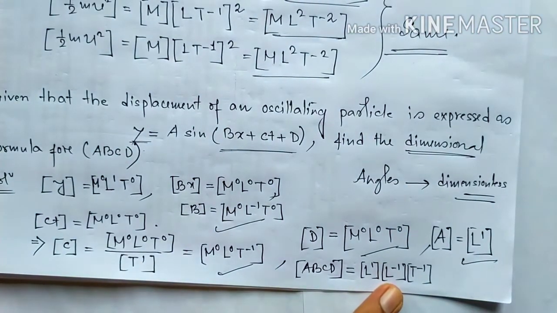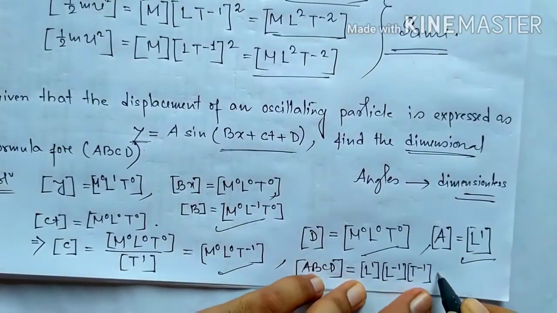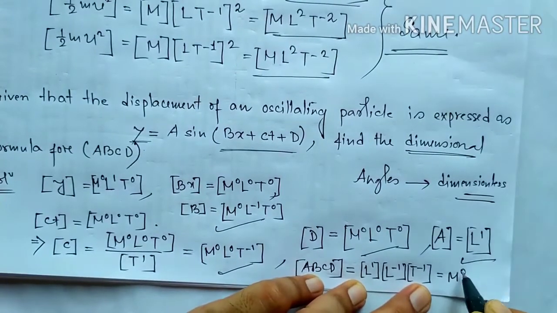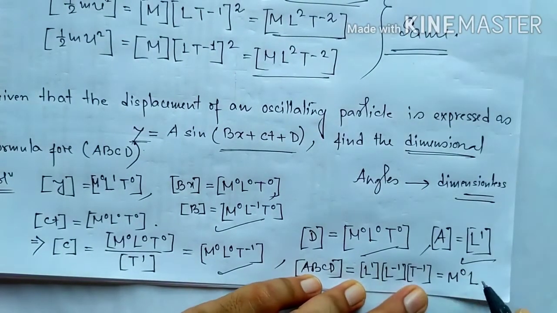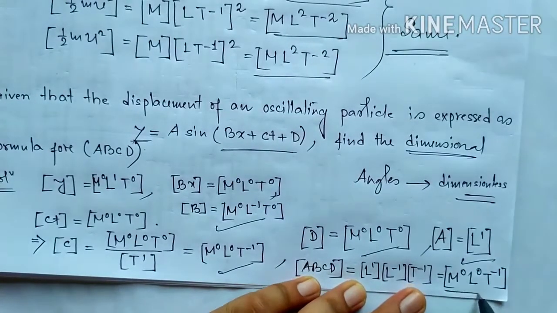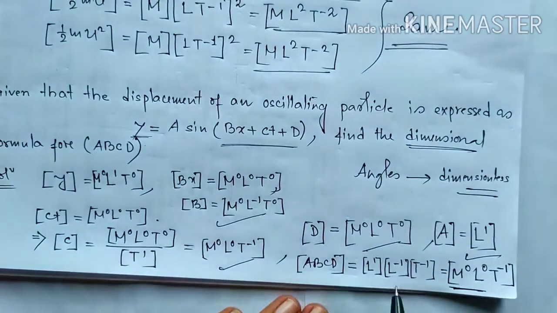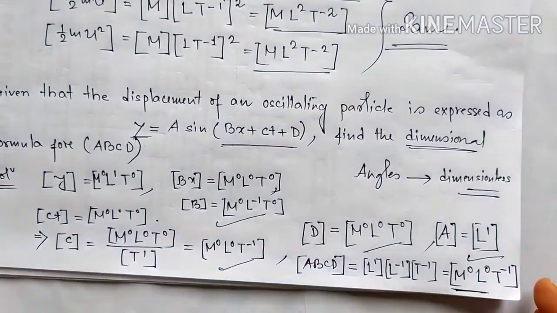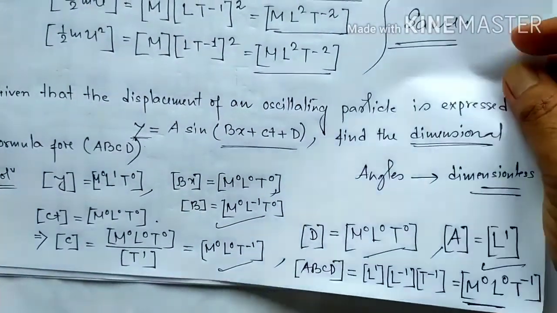So basically it will be M to the power 0, L to the power plus 1 minus 1 plus 0, T to the power minus 1. So this is the dimensional formula for a, b, c, d. Now let us try to solve the next problem.